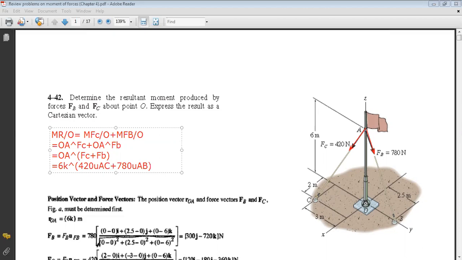Okay, and now in order to complete the problem, all I have to do is to find coordinates of points A, B, and C, to find unit vector of AC and unit vector of AB. So as you can see here in the figure, for point A, it is 0, 0, 6.